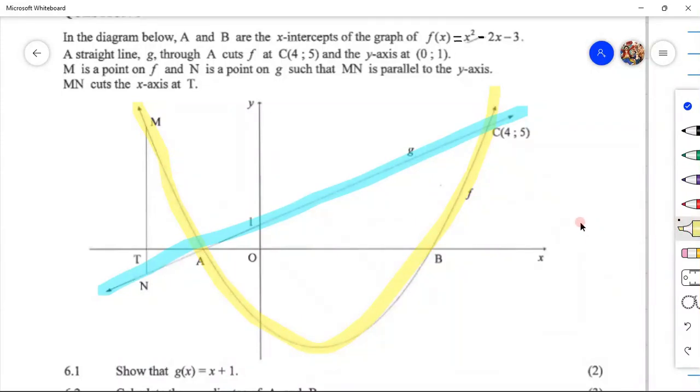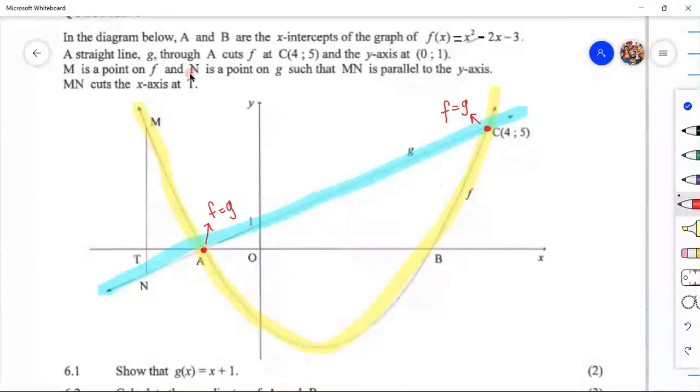So let's continue. A straight line g through A cuts f at C. So there's a point of intersection between the two functions, which is C. So at this point, we know that f equals g. Now there's another point of intersection here by A. So we know at that point of intersection, f is also equal to g.